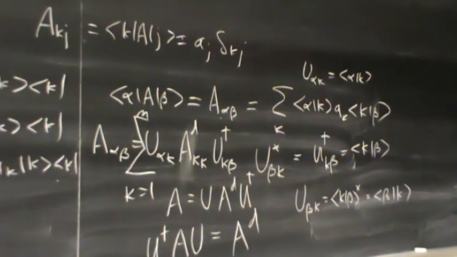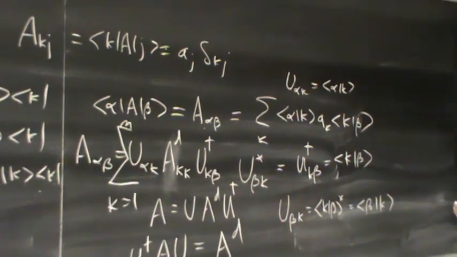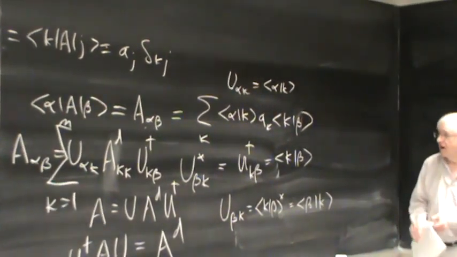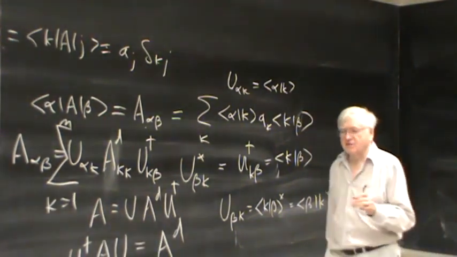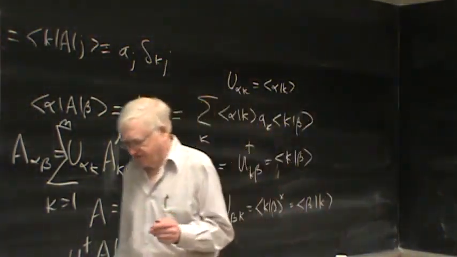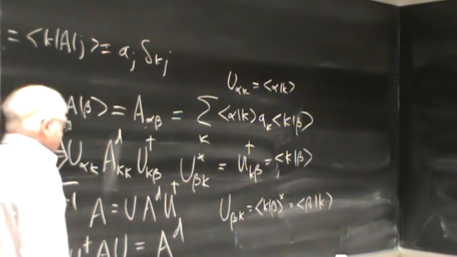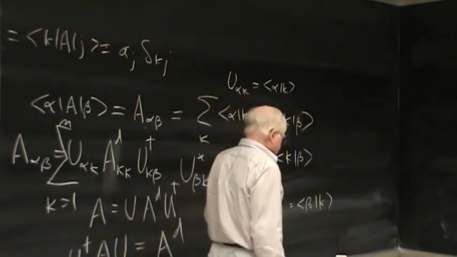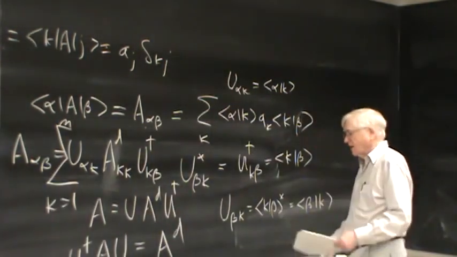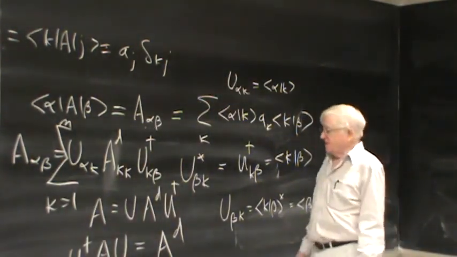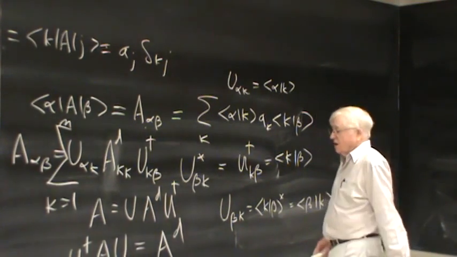Okay, I'm going to skip the examples because we only have a little bit of time, and pass now to a generalization of Hermitian matrices, which are called normal matrices. Now, these normal matrices are like Hermitian matrices, and in fact, it's very simple to say what a normal matrix is.